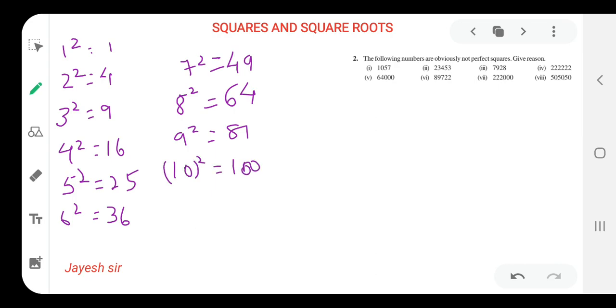I hope you all might be getting it, friends. So till 10 we know the square of each and every number. Now let us begin and start solving the sum.